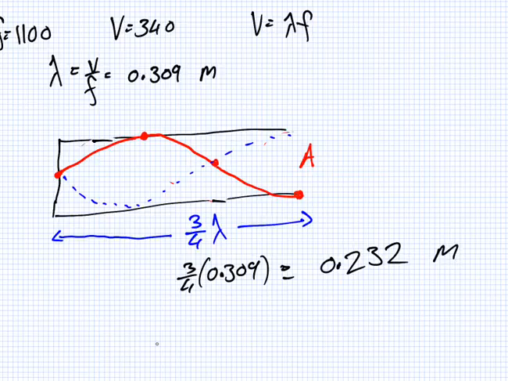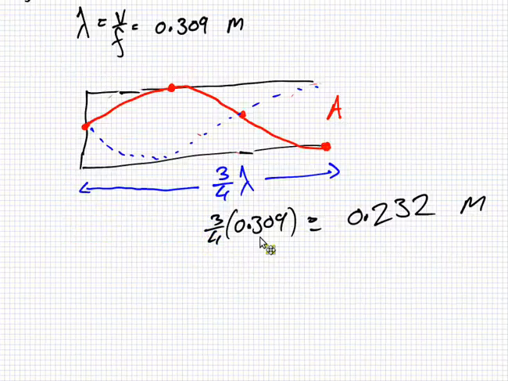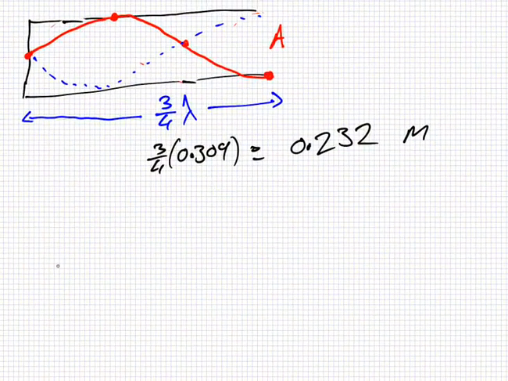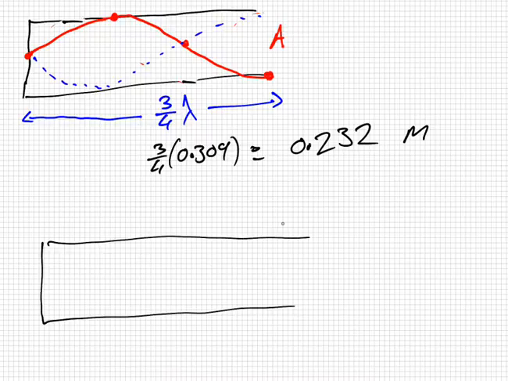So, this one is the first harmonic. Then this one is the second, the third, the fourth, and the fifth.